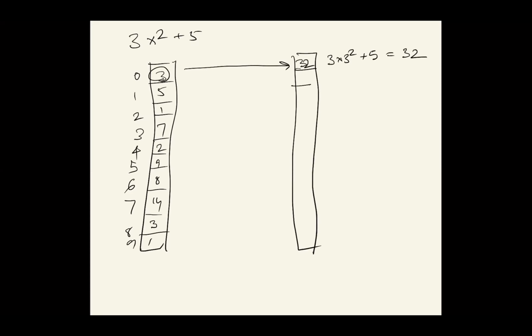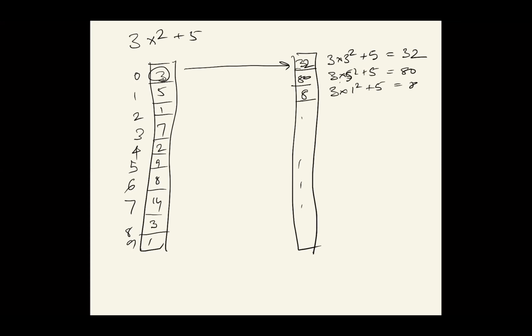The next value will be 3 into 5 squared plus 5, which is equal to 75 plus 5, 80. And 1: 3 into 1 squared plus 5, which is equal to 8. And so on.